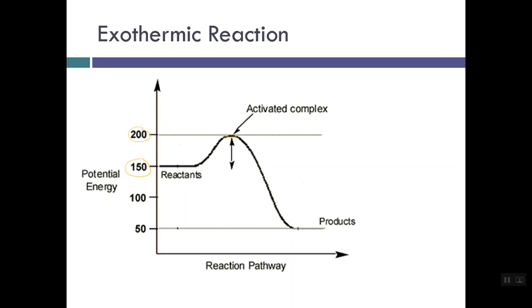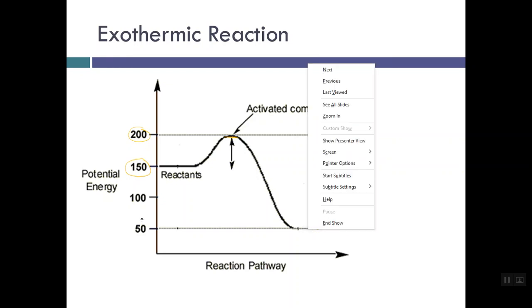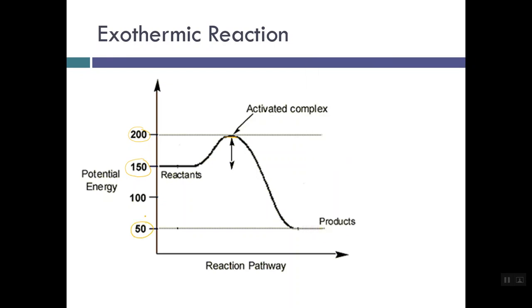I reach 200 joules, and then all the reactions happen. The new products are formed, and they have this energy down here. This would be 50. The energy of my products is 50. So now what happened was I have a difference here of 100 joules. I had 150 joules, now I have 50 joules. So I have 100 joules out here.